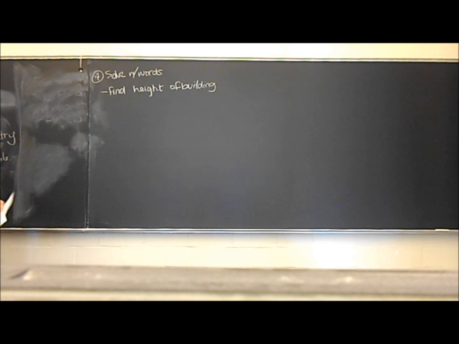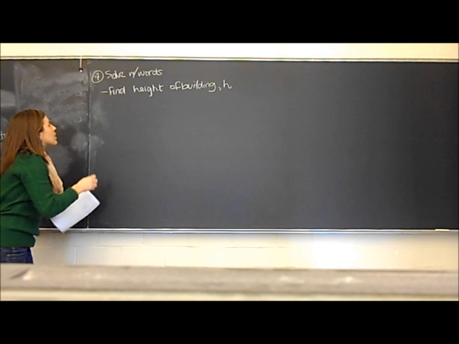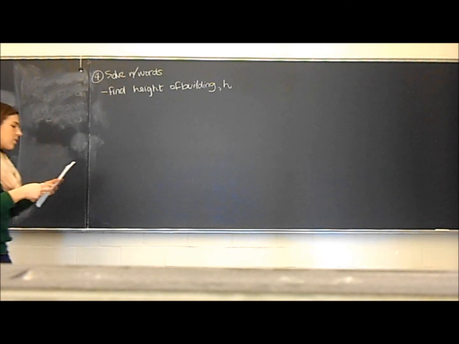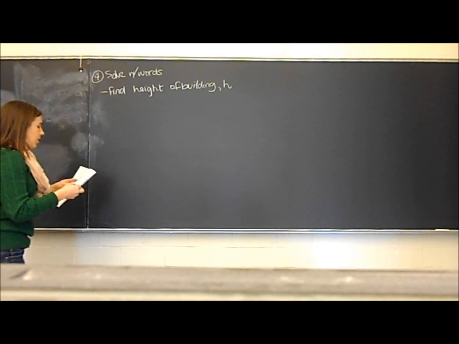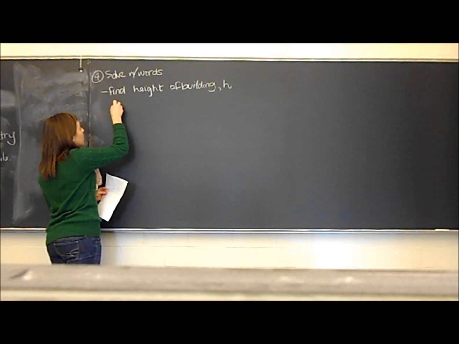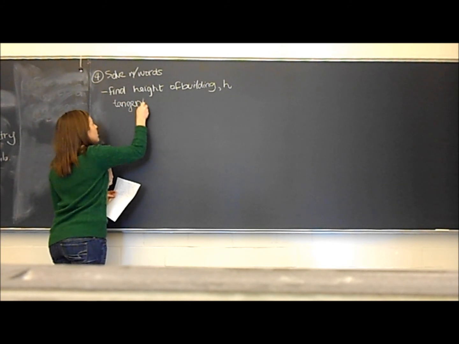Is that going to be h? Sure, that's h. So, how are we going to do that? We're going to take tangent of the angle of elevation. Is that going to be 24? Exactly.